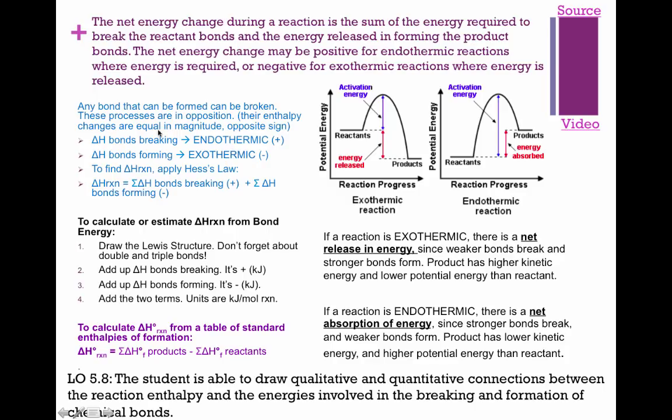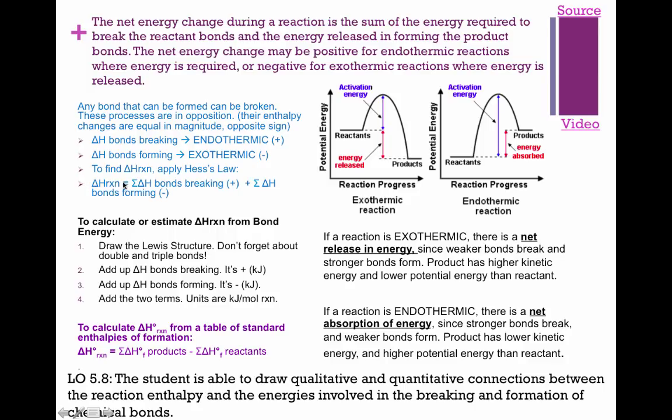And if you want to find delta H of the reaction, we do bonds broken minus bonds formed. So bonds broken, and then because bonds forming are negative, we can make this a negative. I simplified it for you guys.